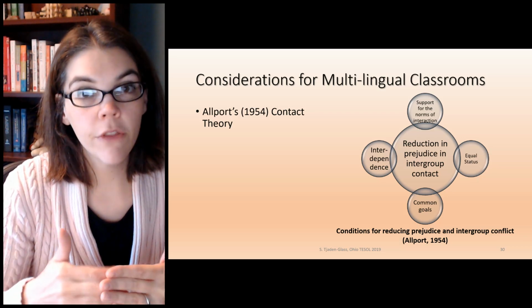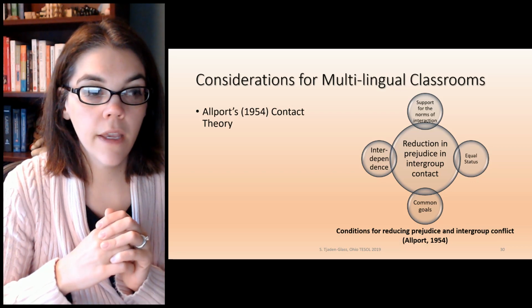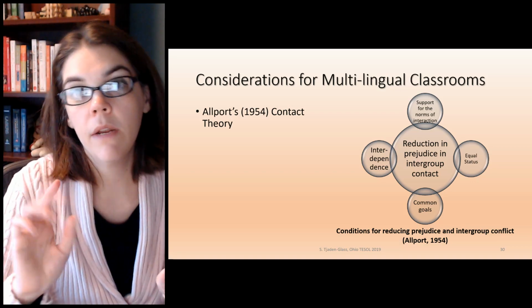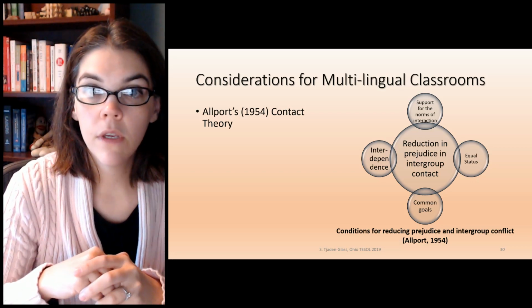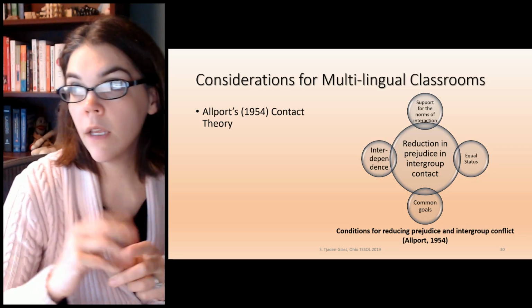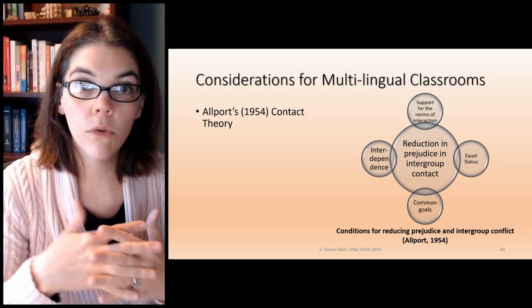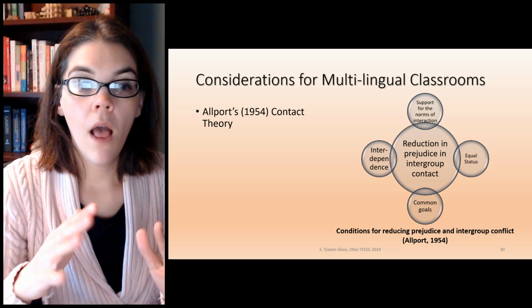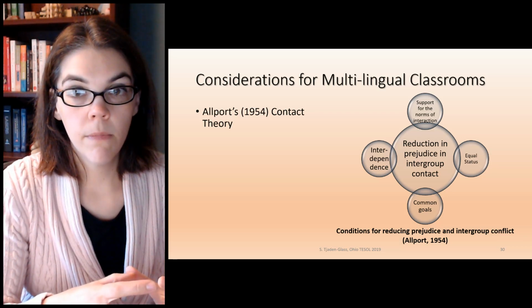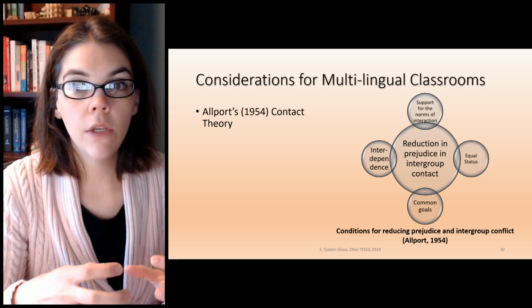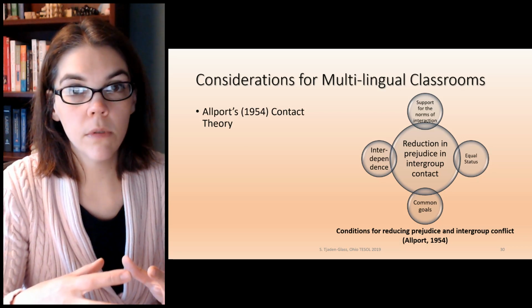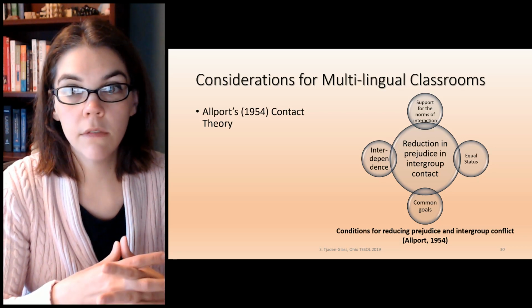They need each other to do the project. It's not like just one person can do it and everyone else just signs off on it. And finally, support for the norms. So you are supporting how they're behaving with each other. You are available and you are holding them accountable to all participating effectively.